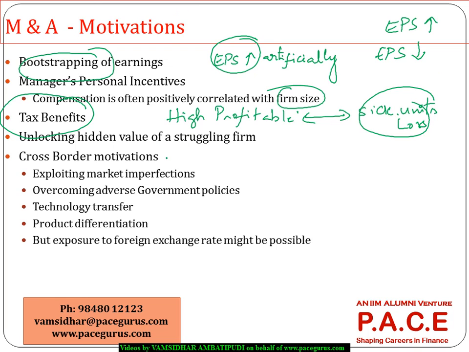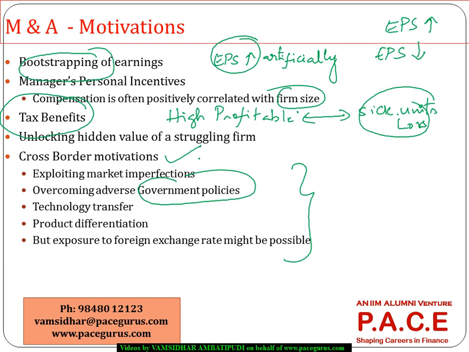And there are so many cross border motivations also, especially taking over firms abroad. So I can directly enter into the foreign market without getting into the adverse government policies. I can overcome all those government policies in the new country, and we can share the technologies. We can create product differentiation in that particular country.